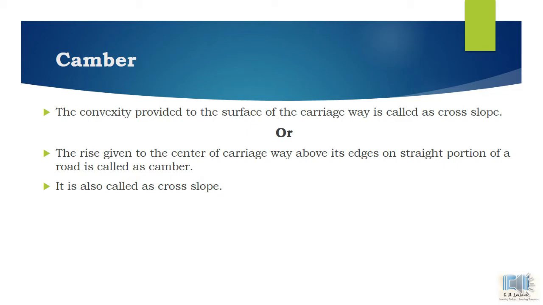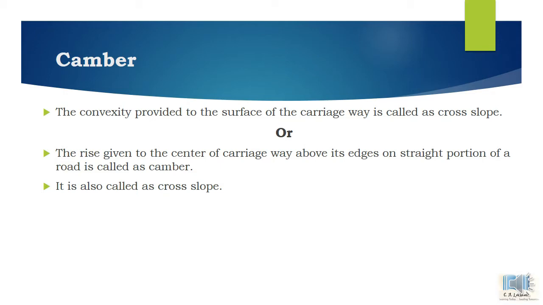Then the next element of geometric design is camber. The convexity provided to the surface of the carriageway is called camber. The rise given to the center of the carriageway above its edge on a straight portion of a road is called camber.